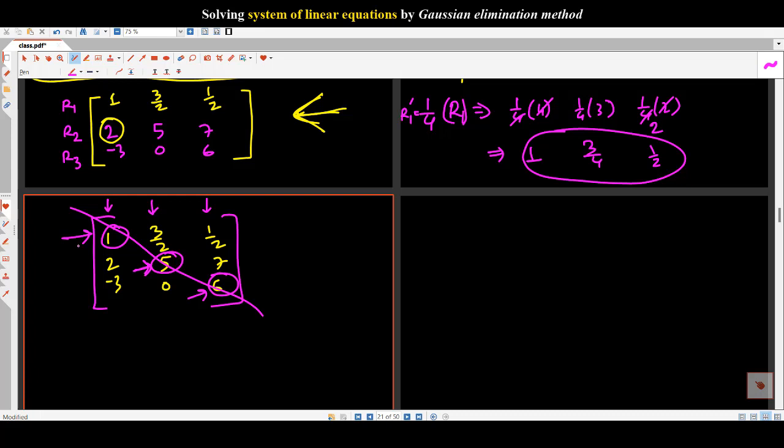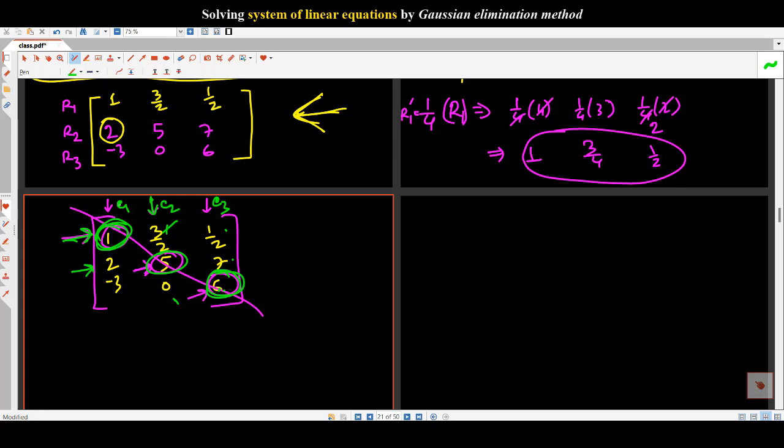Now if we think column wise, column 1, column 2, column 3. Column wise, this row 1 has the leading element. This is the leading element. For column 2, this will be the leading element, not 3 by 2, not 0. For column 3, this will be the leading element: 6, not 1 by 2, not 7, 6.